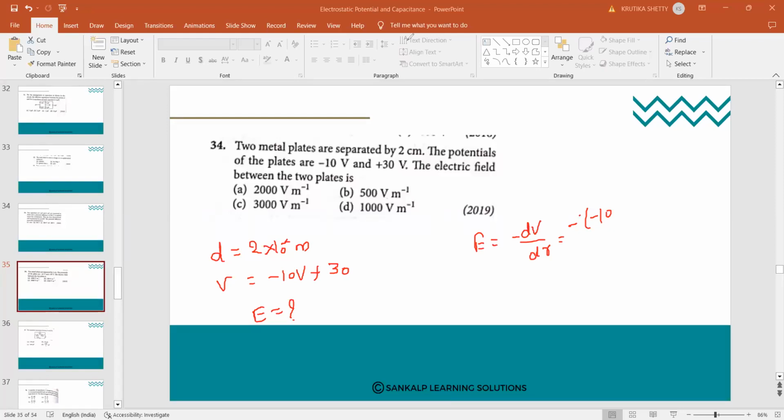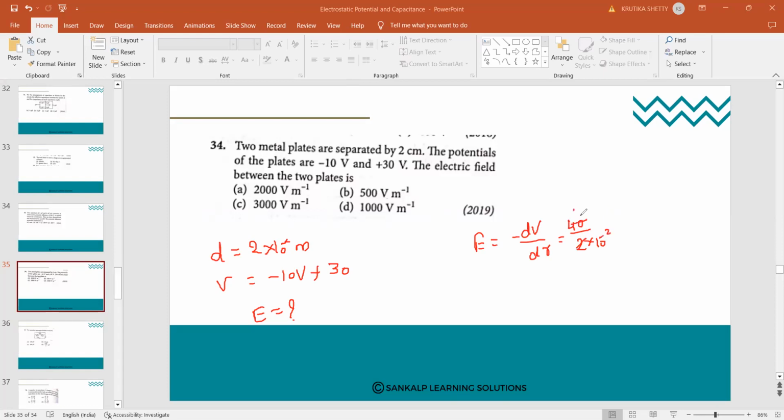So here we can directly write the value because they have given two potential values here, minus 10 and 30. Therefore here it will be 40 divided by the distance, which is 2 into 10 raised to minus 2.